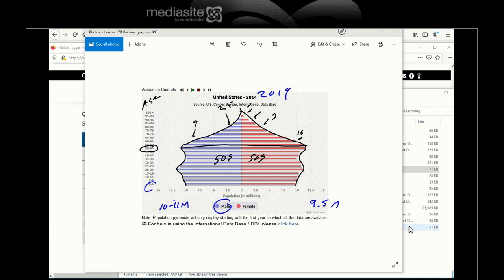So it looks like it's showing that women have a longer lifespan. More women live longer than men do. So of these who were born in 2014, this group, one would expect about 100 years from now, more of the women to be around still.